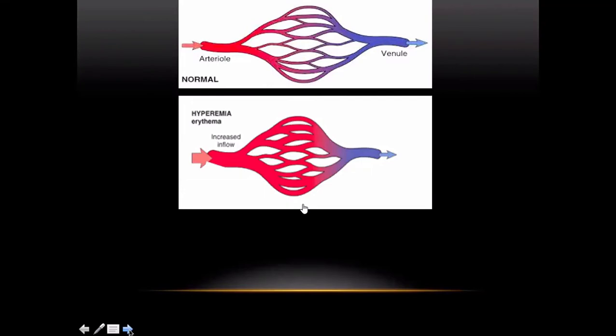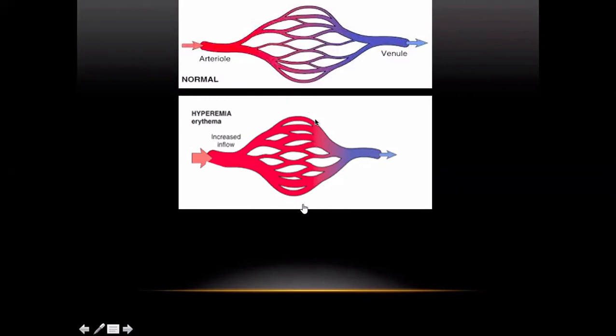But if you have hyperemia, meaning increased blood flow, because of arteriolar dilatation, the arterioles become larger. Since the space is larger, there will be ample time for blood to go in, and more red blood cells enter, so the red increases.